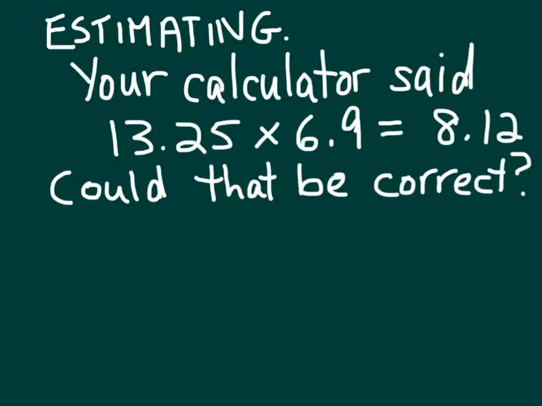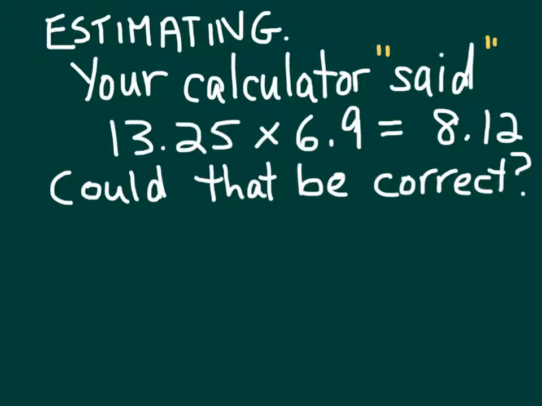So let's apply some of this. Your calculator, you had to do a problem, maybe for MyMathLab, where you had to multiply a couple of decimals, maybe even harder decimals than this, but let's just look at this problem. And of course, the calculator will only do what you tell it to do, but your calculator said that 13.25 times 6.9 equals 8.12.